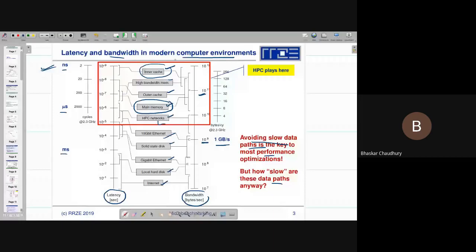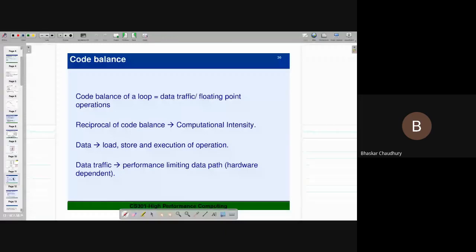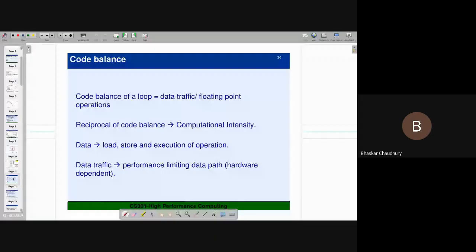Now, let me introduce a new term, which is called the code balance. What is code balance? We use this term typically for a loop: how much is the data traffic and how many floating point operations you are doing.